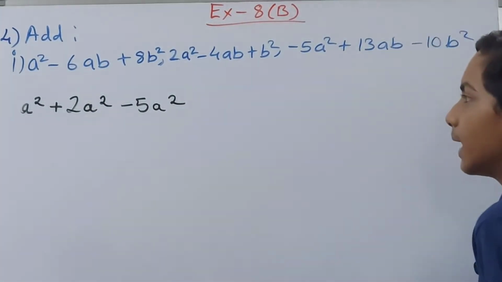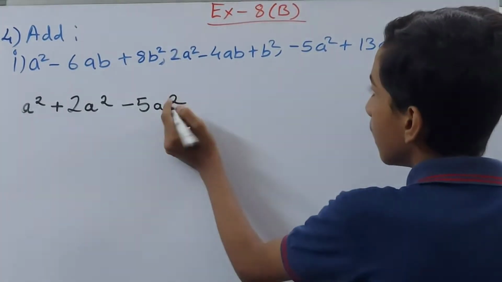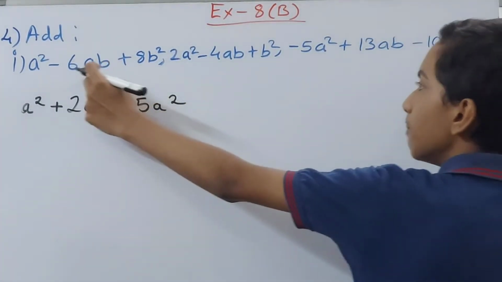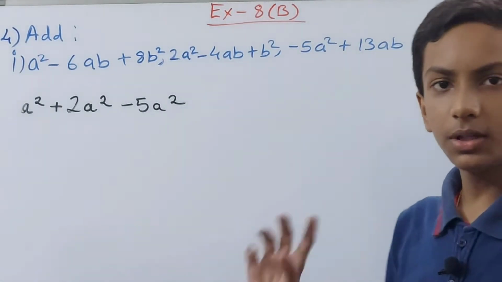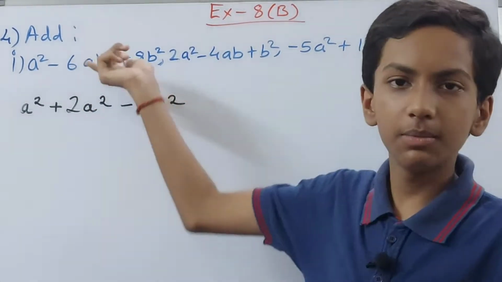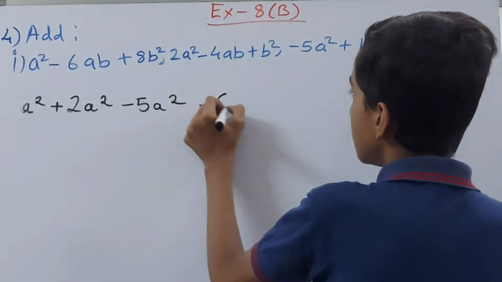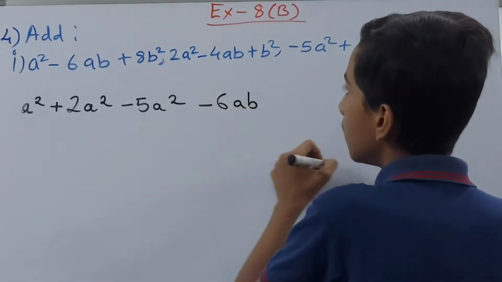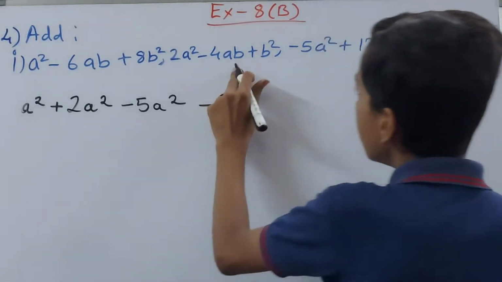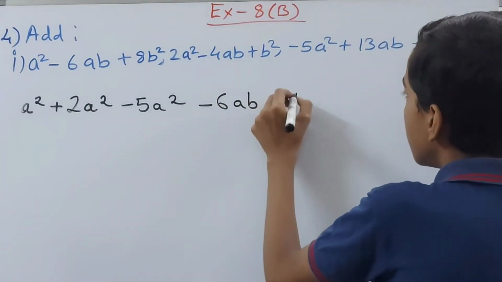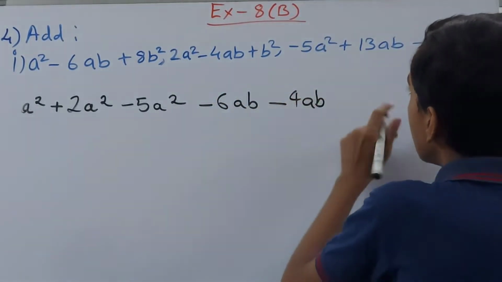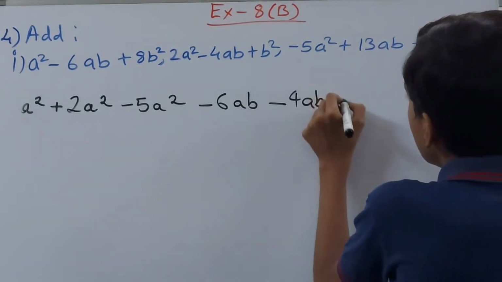This is 1, and next we'll look for minus 6ab. The terms with ab in the variable part are what we have to look for. First is this one, minus 6ab. And then we have minus 4ab, and plus 13ab.